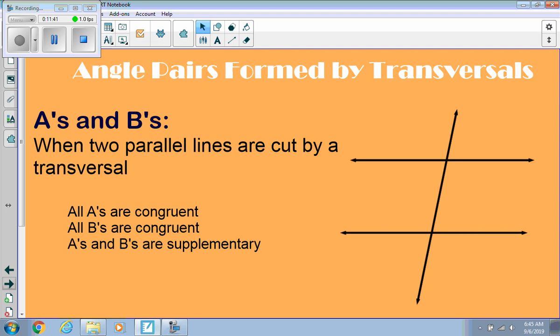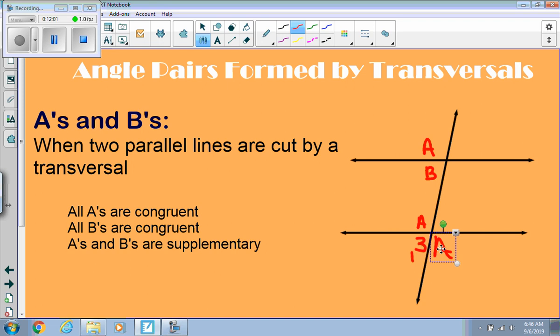So we've got two parallel lines cut by a transversal, and the trick is if you put A's and B's on your picture, you've got to alternate. No B can be next to another B. So this one's got to be an A. And then this one's got to be a B. Notice that I have no A's next to A's and no B's next to B's.